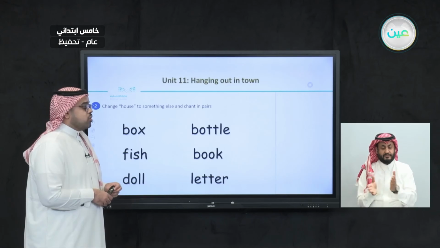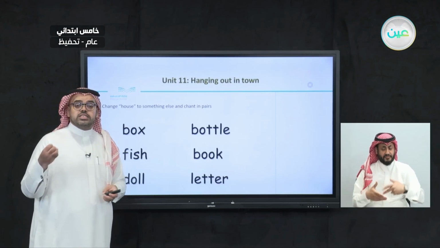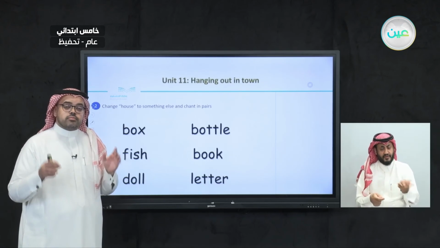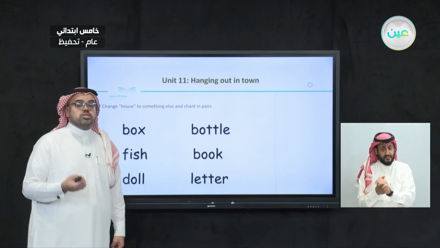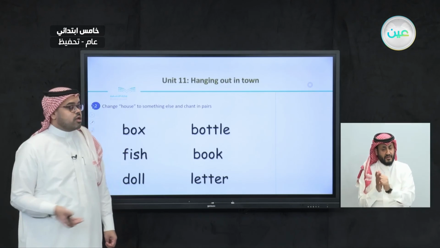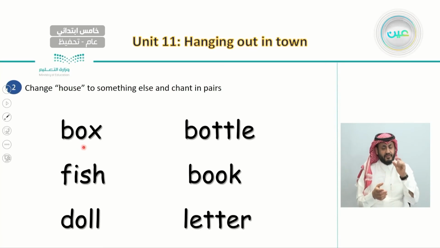And to make it more interesting, we can chant it again, and change the word house to something else and chant it in pairs. For example, instead of saying there was a little green house, we can say there was a little green box, for example.